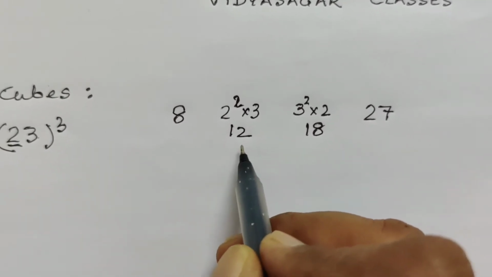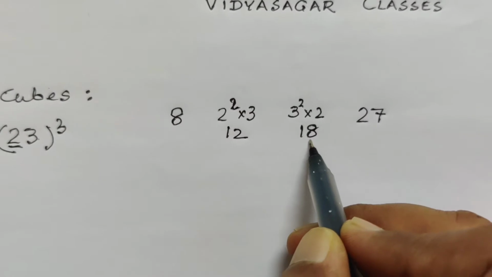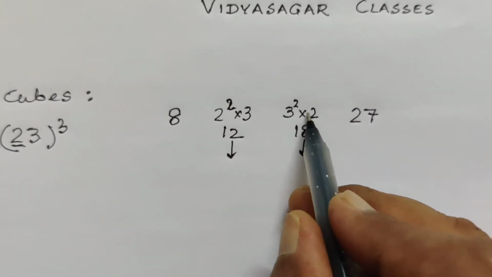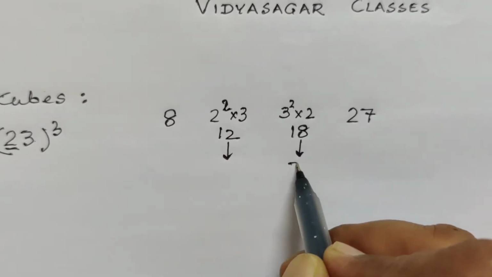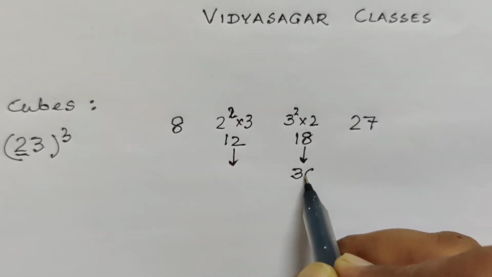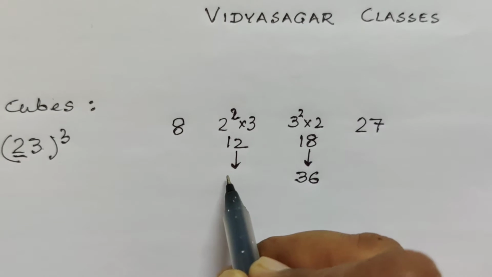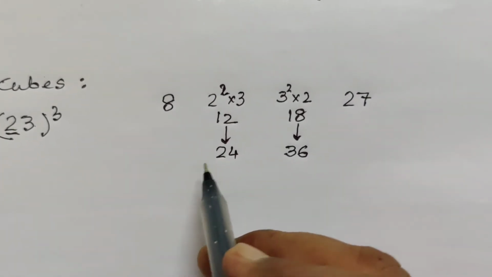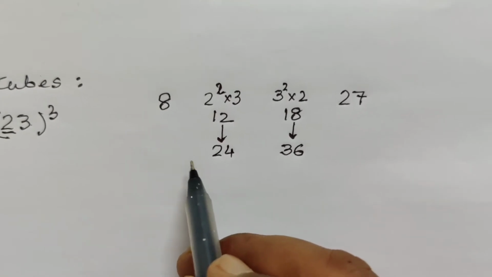Now the second step is you have to double this. Whatever you have written out here, you have to double it. 18 2s are 36, and 12 2s are 24. Now what?